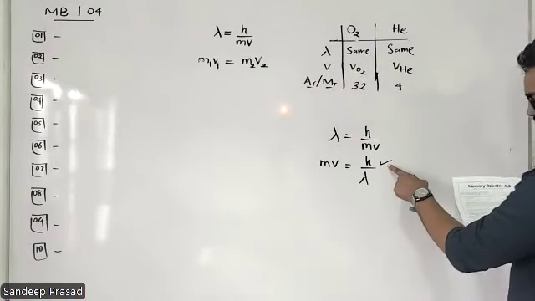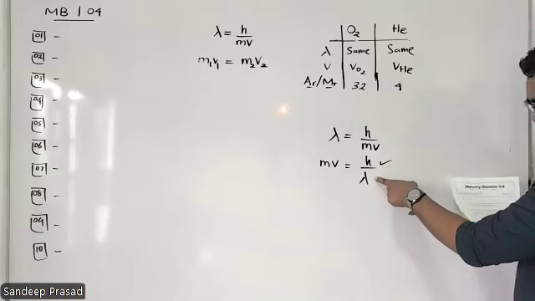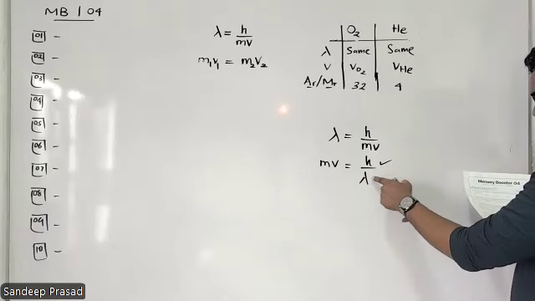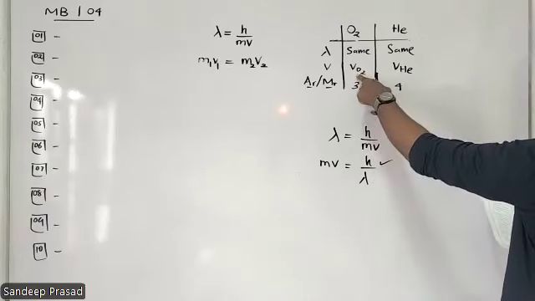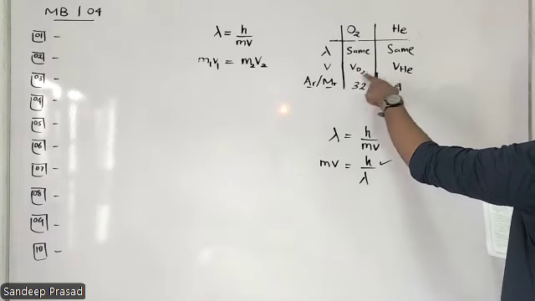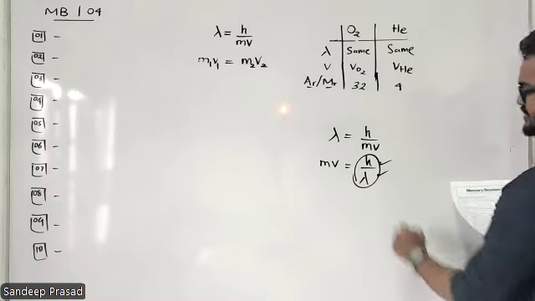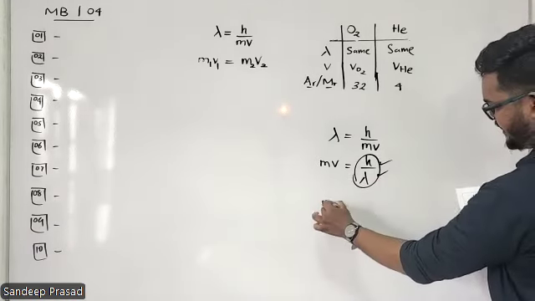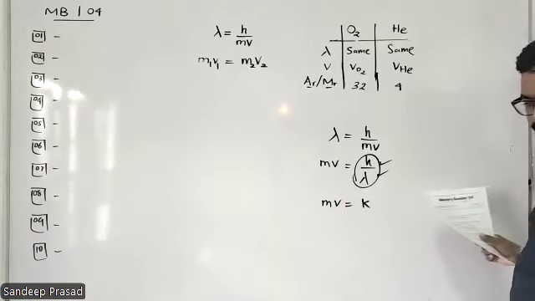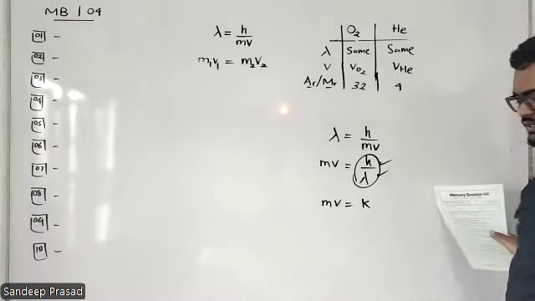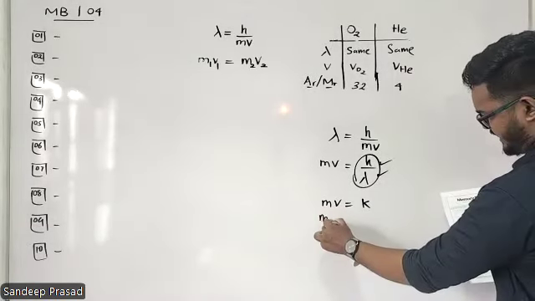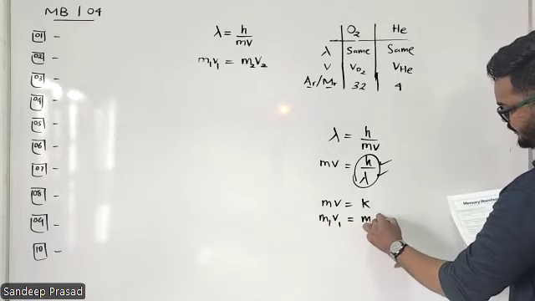This is a constant. h is Planck's constant. What does lambda mean? Lambda is de Broglie's wavelength. For the oxygen molecules and helium gas, for both the gases, lambda is the same. Therefore, this is not changing. If it is not changing, I can take this one as a constant. Then the mv product is a constant. Then I can say M1 V1 equal M2 V2, right?